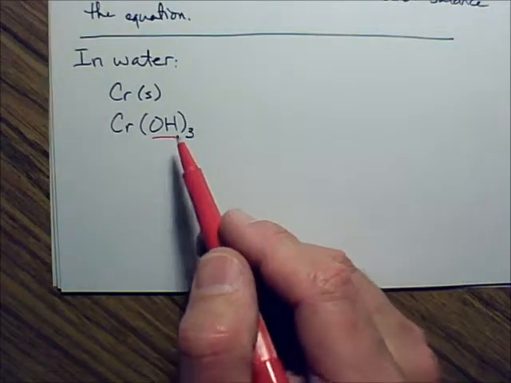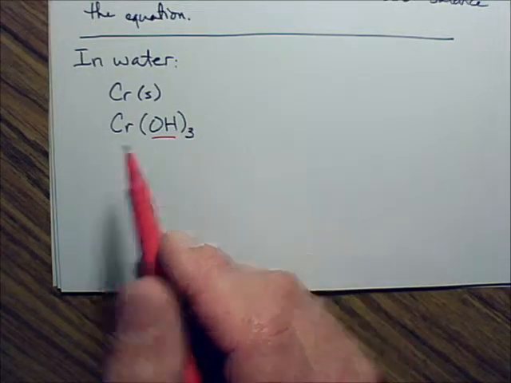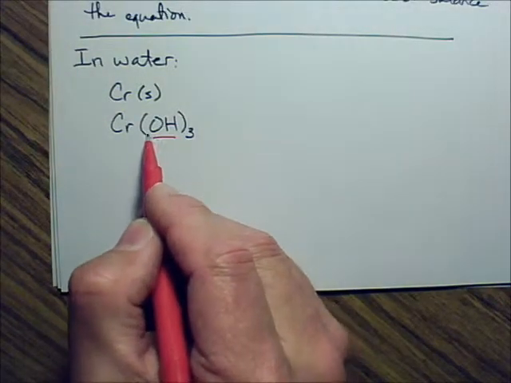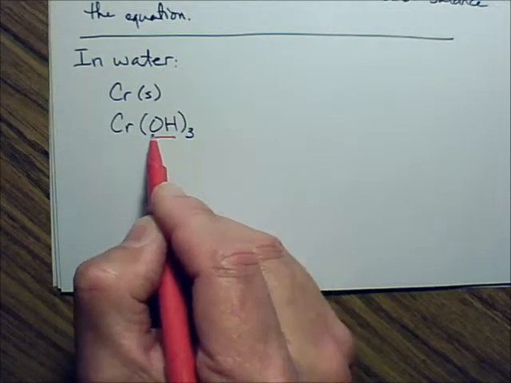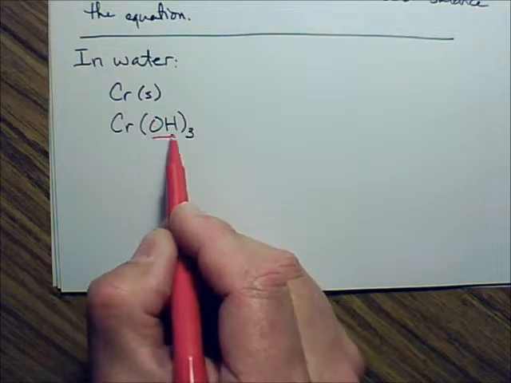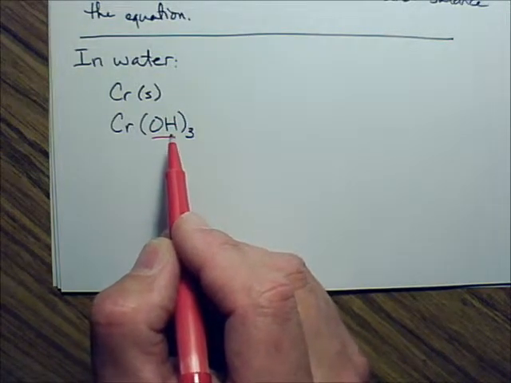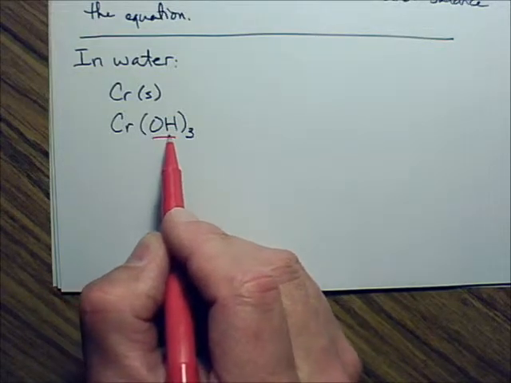Since this is ionic, we want to know if it's going to be aqueous or not using what tool? Solubility rules. So we need to know if chromium or hydroxide is listed in the solubility rules. If you don't know that this combination of elements is hydroxide, you can tell that there are 3 elements here.